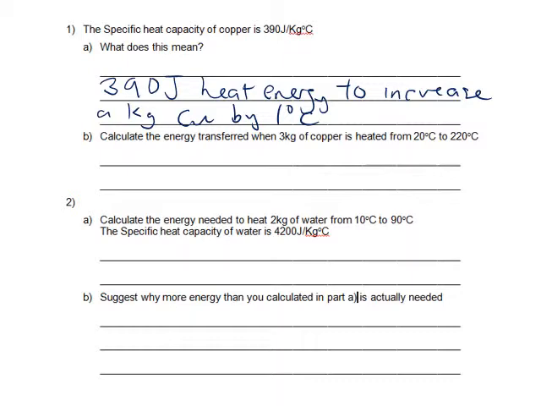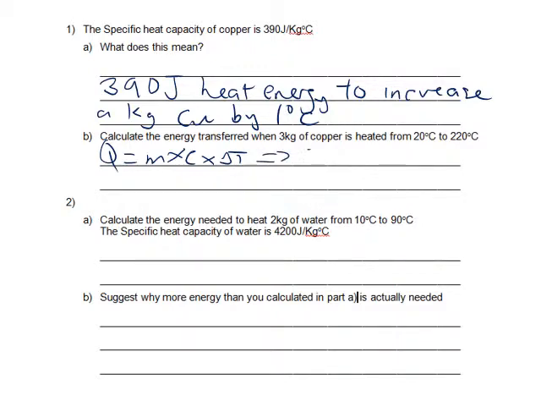Okay, so 1b, calculate the energy transferred when 3 kilograms of copper is heated from 20 to 220 degrees Celsius. Okay, so it's the heat energy transferred. So the equation will be Q equals mc delta T. So let's plug in the numbers.